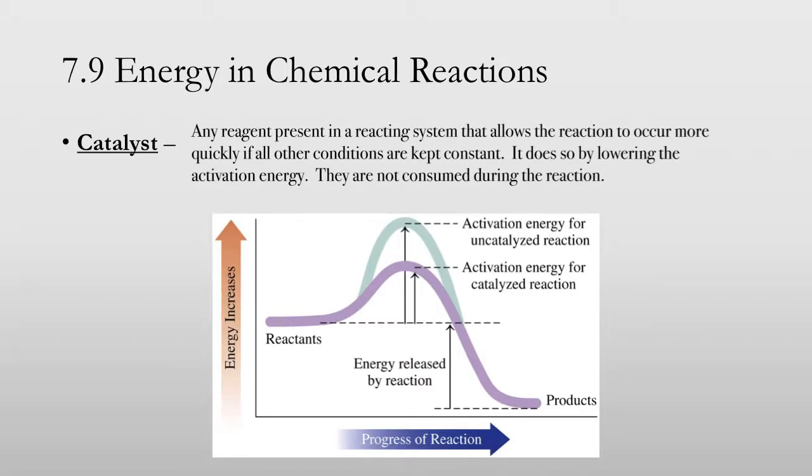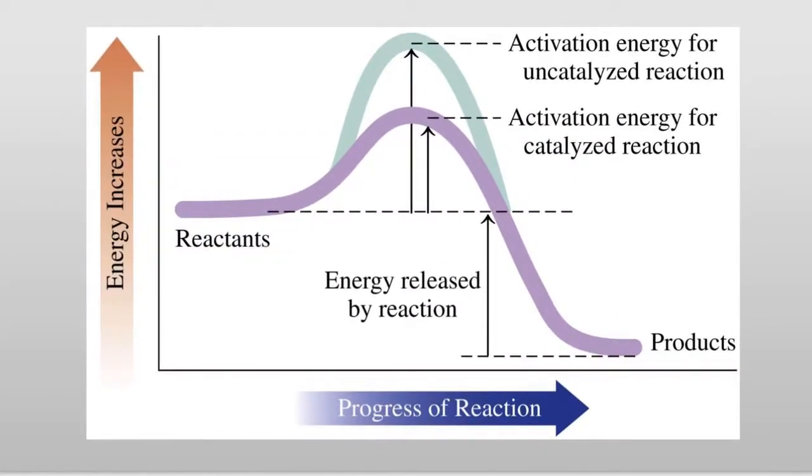So if we look at the energy diagram here, you can see as energy increases versus the progress of the reaction, the green curve, the green graph, is the original uncatalyzed reaction, whereas the purple one is the catalyzed one.